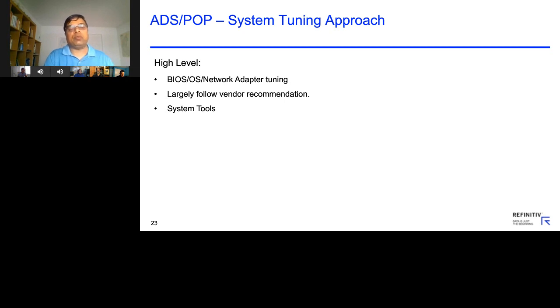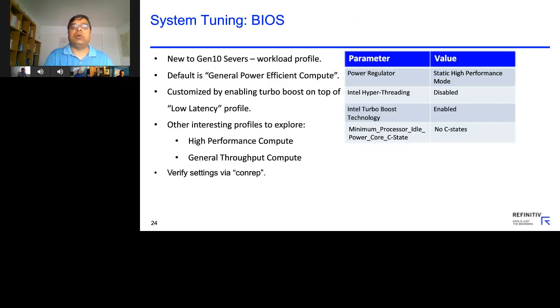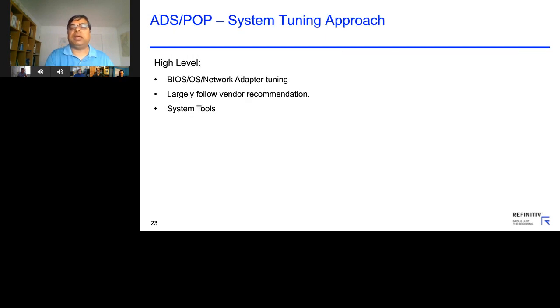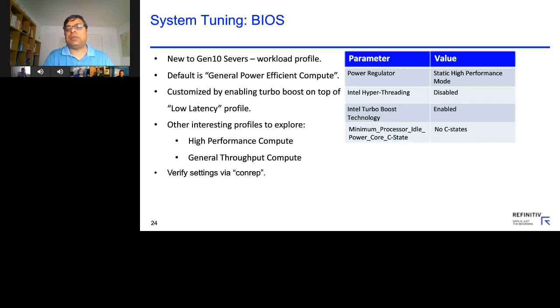So the power saving is the one that we need to watch out for and detune that. BIOS tuning, the OS tuning, and the adapter are kind of 3 areas. And then I also have put together a list of system tools that are helpful in understanding how the system is functioning and troubleshooting if there are any problems.